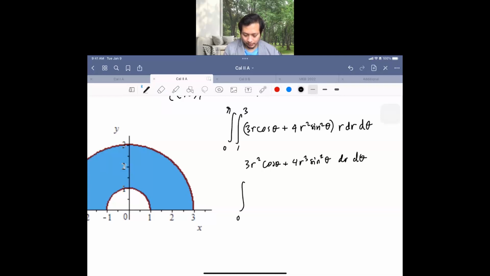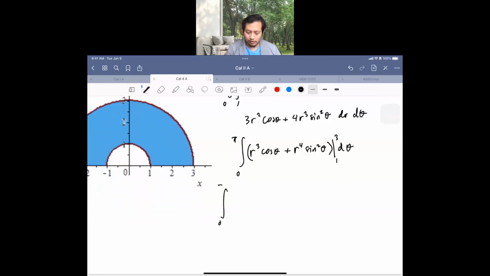We integrate with respect to r. It will be r cubed cos theta plus r to the power 4 over 4 sine squared theta, d theta, evaluated from 1 to 3. Inputting the numbers, it should be 27 minus 1, 26 cos theta, plus 81 minus 1 over 4, which is 20, sine squared theta, and we still have d theta.